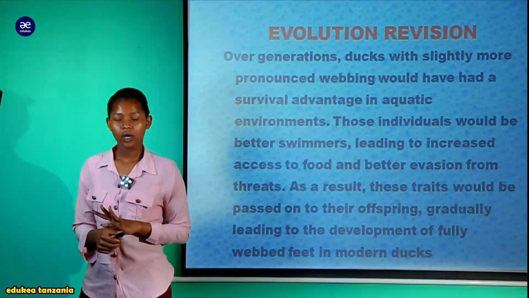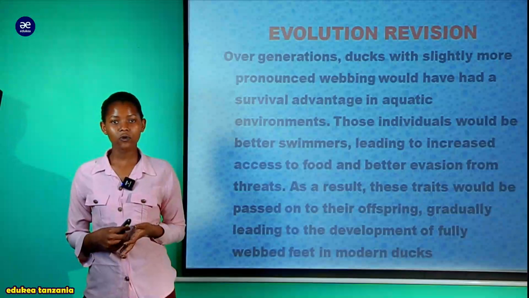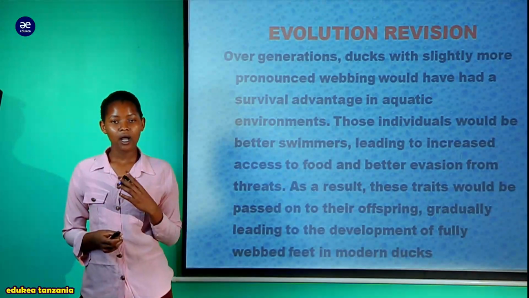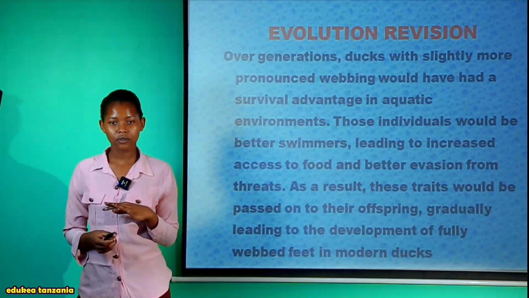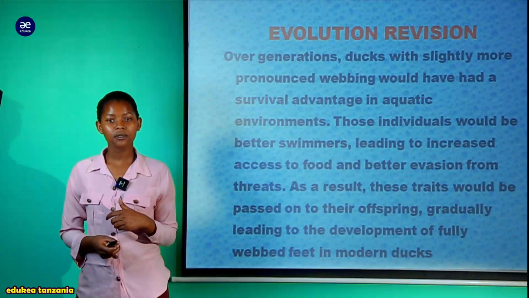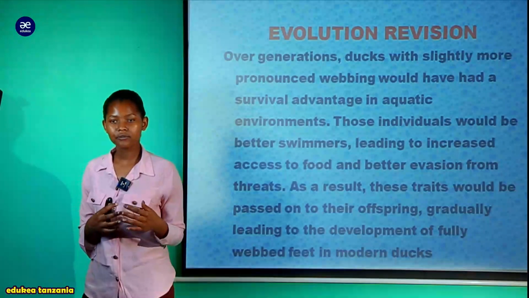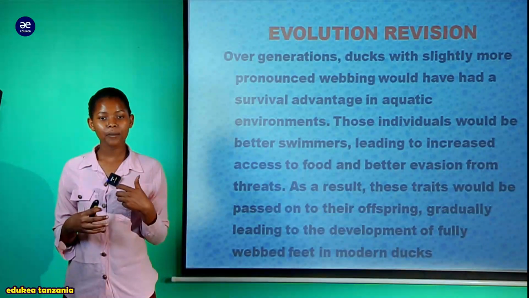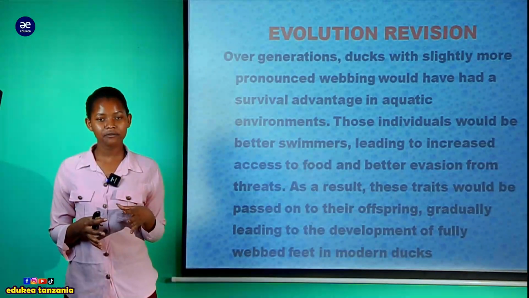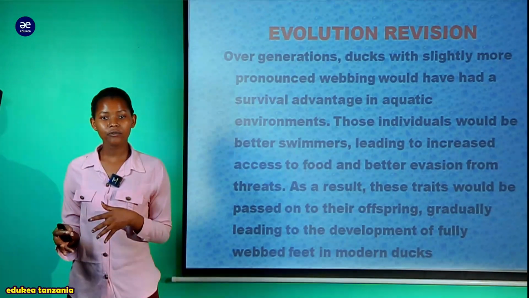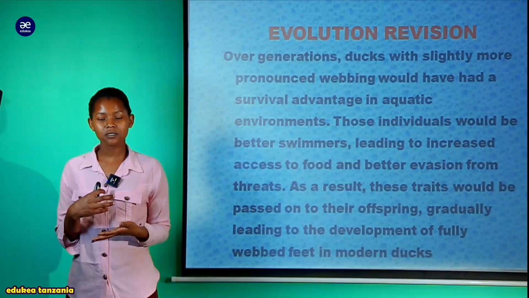So, on this issue, you'll explain by saying that according to the theory of organic evolution, Lamarck explained that due to the lack of food and the presence of predators on the land environment, ducks decided to move onto the water where there were few predators as well as much food.